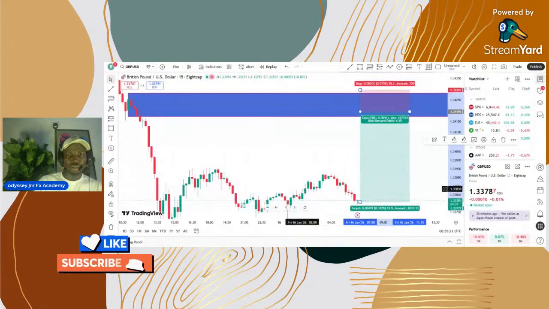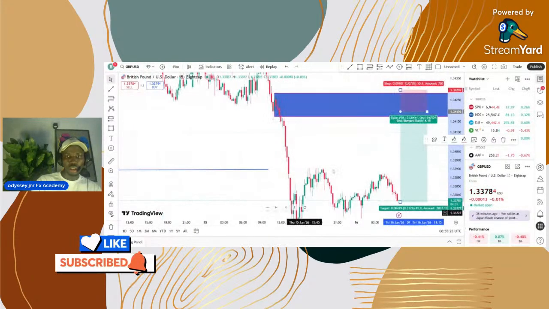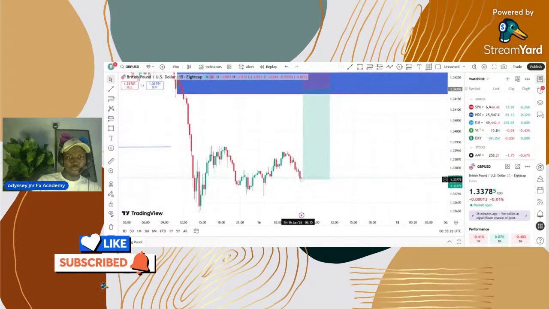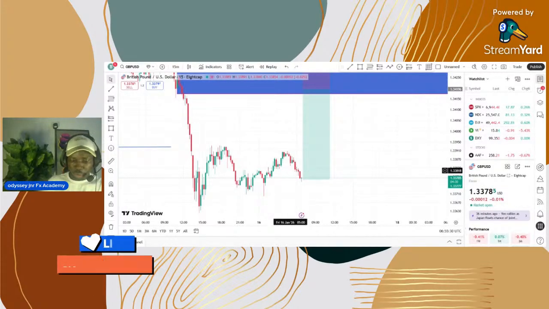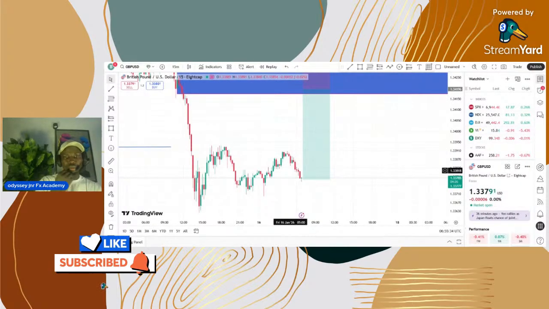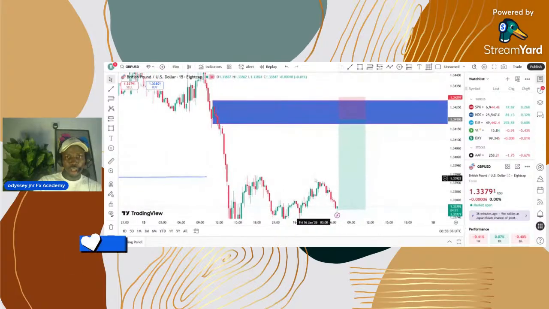Let's see. Well, it seems there will be a quick buy from here. So we'll just be looking whether we are going to join a quick buy. So that is it for this. You see how we are able to catch this.